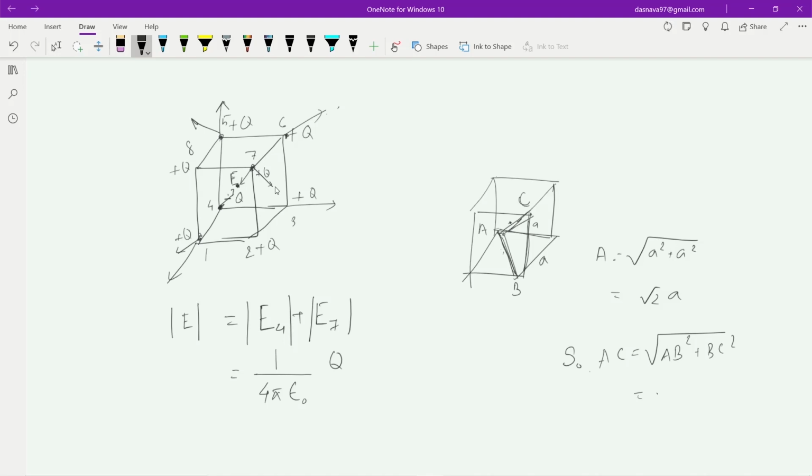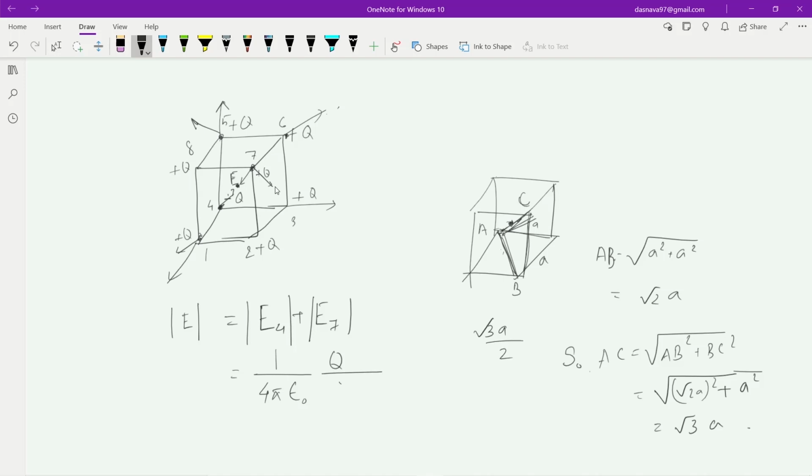Now AB we have found is root 2 a, so root 2 a whole square plus BC square, a square, gives root 3 a. So this AC is root 3 a, and the distance of this point from the center will be root 3 a by 2.